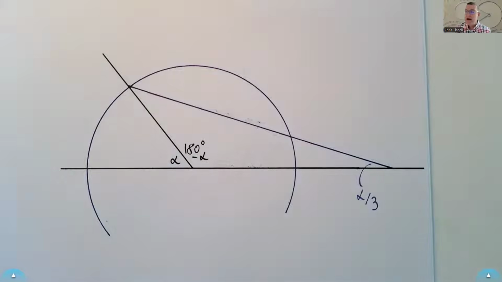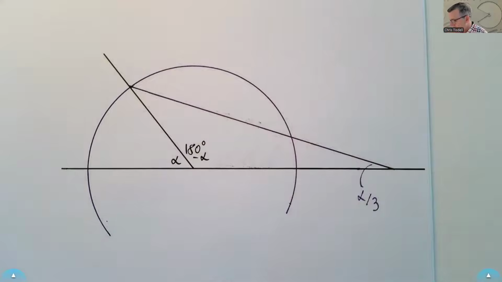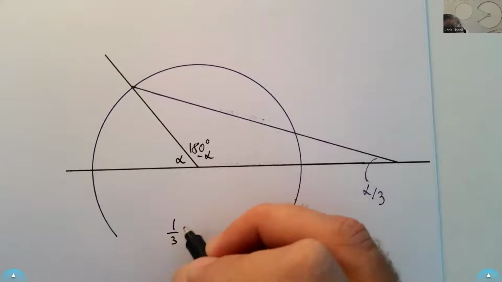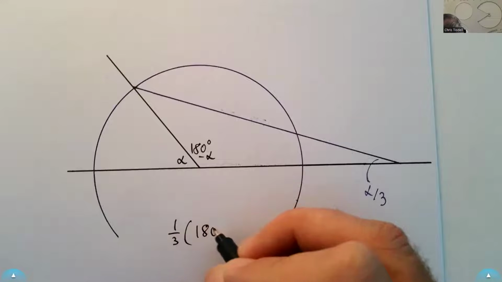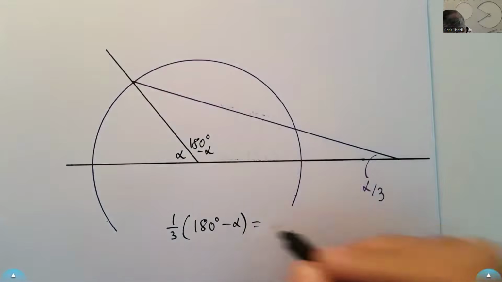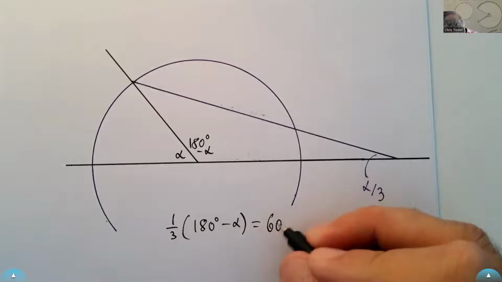So how do we do the trisection of this bigger angle? Well, we can look at it like this. If we want 1/3 of this bigger angle, we just know that it's going to be (180 minus alpha) on 3, which is 60 minus alpha on 3, 60 degrees.